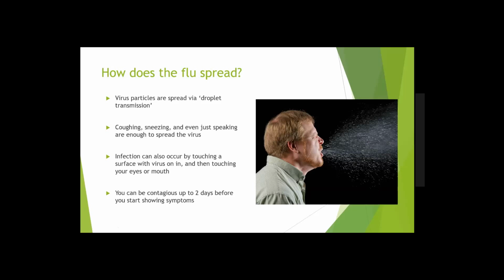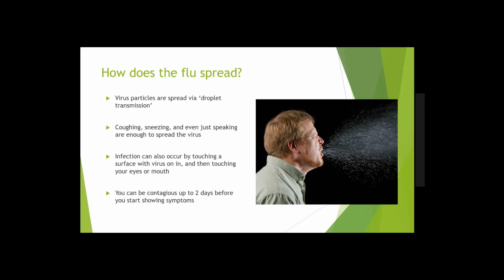It spreads by something called droplet transmission, and that basically means that whenever somebody with the flu coughs or sneezes, they expel microscopic droplets of water out from their mouth and nose, and the flu virus will sit in those particles, and it will spread by landing in the mouths or in the eyes of people around you. Alternatively, if it lands on a surface and somebody touches that surface within a couple of hours and then touches their face, then they can contract it that way too.